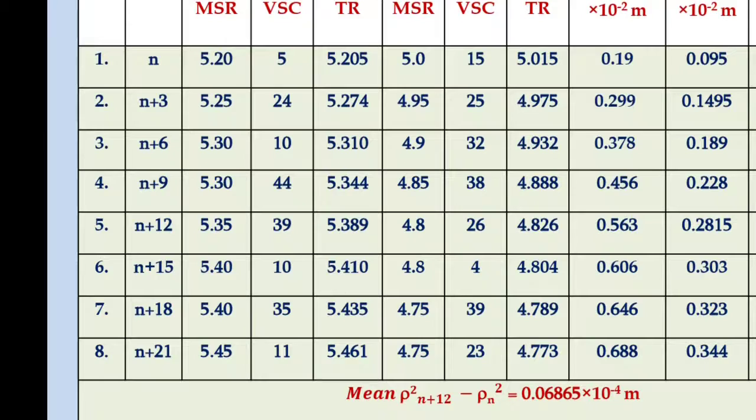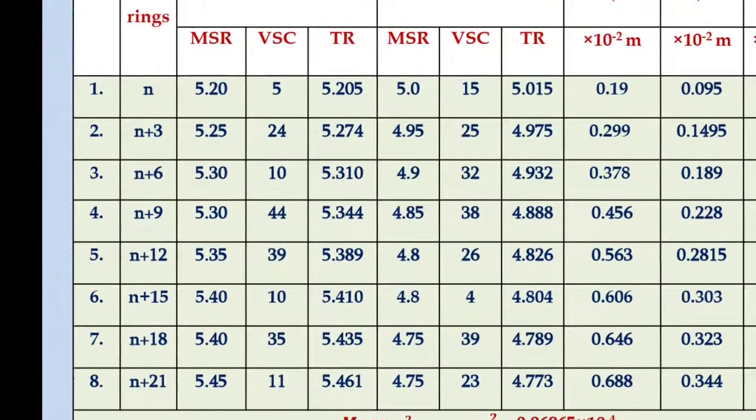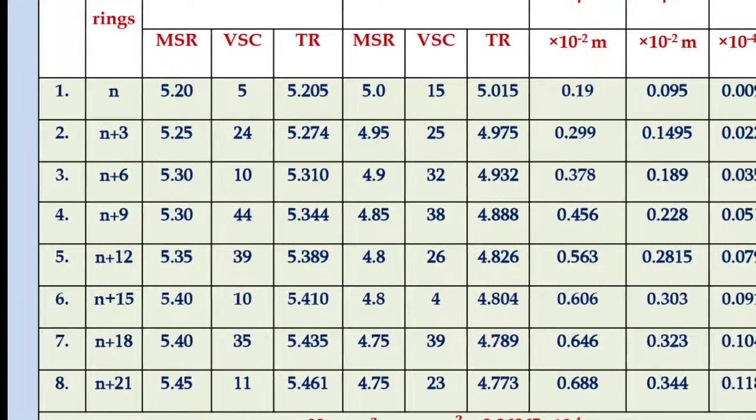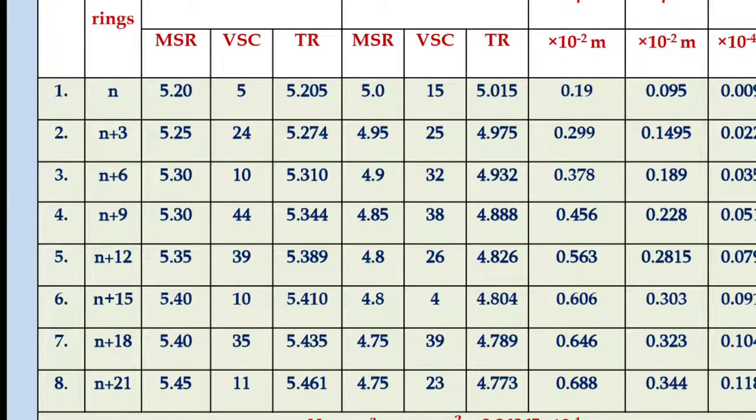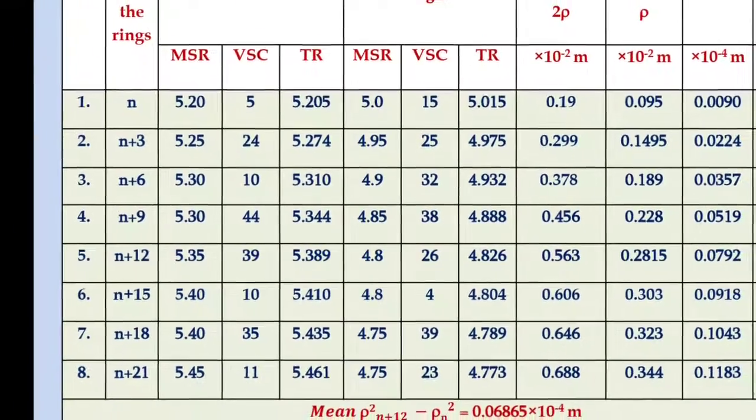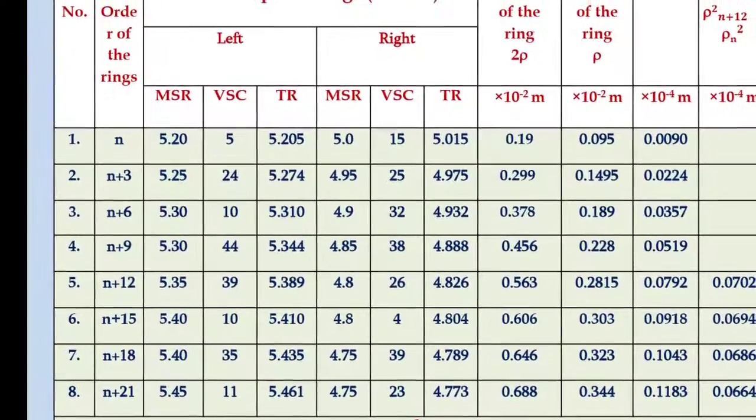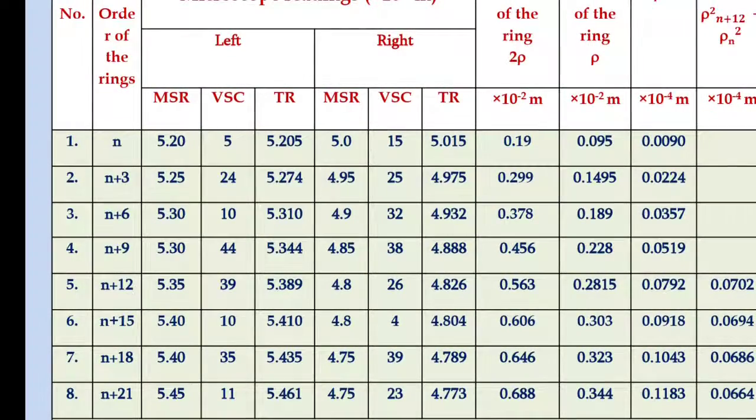So the total reading is 5.461. And for n plus 9 it is 5.40 and the Vernier scale coincidence is 35. So the total reading is 5.435. In the same way, we have to calculate the total reading for the left and for the right readings.